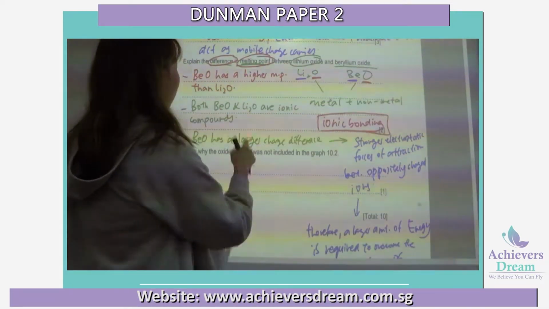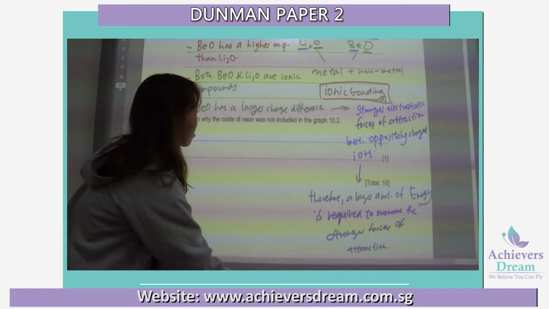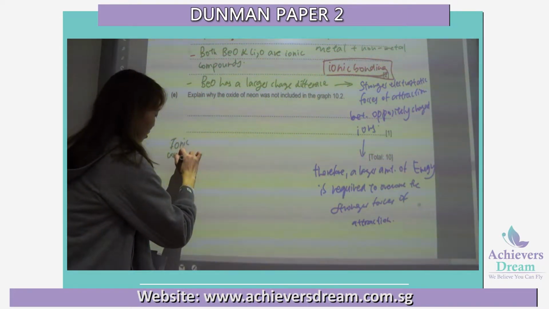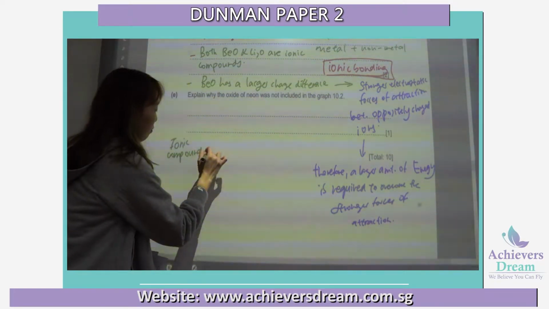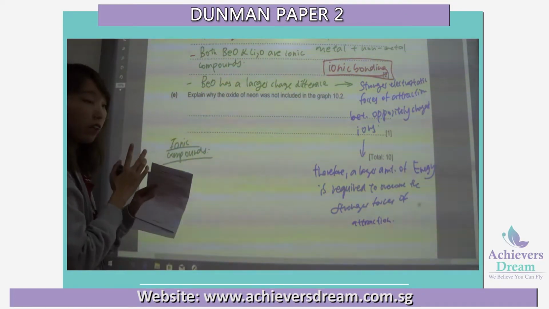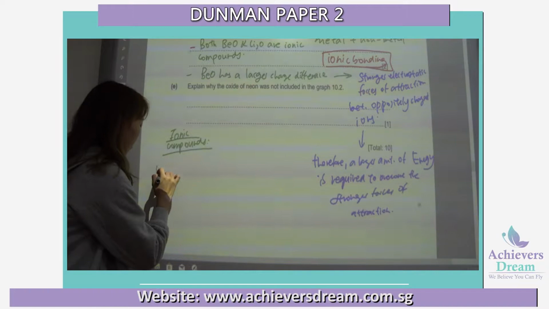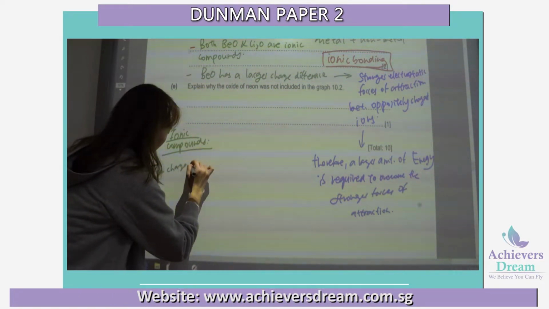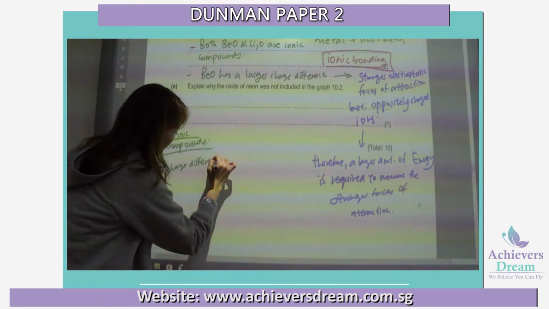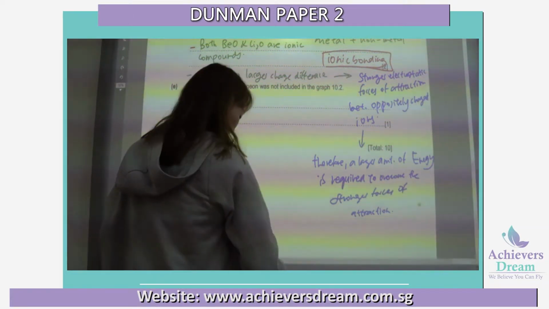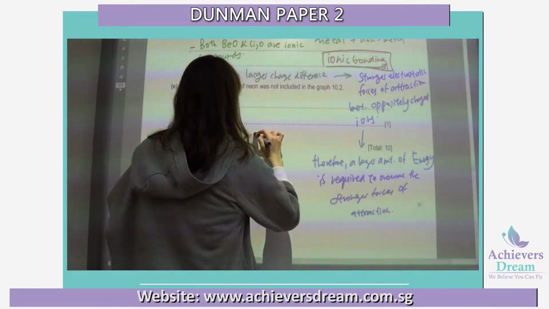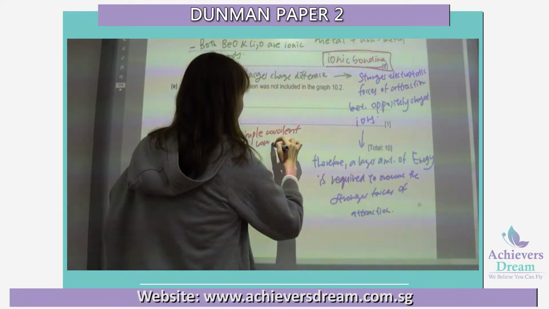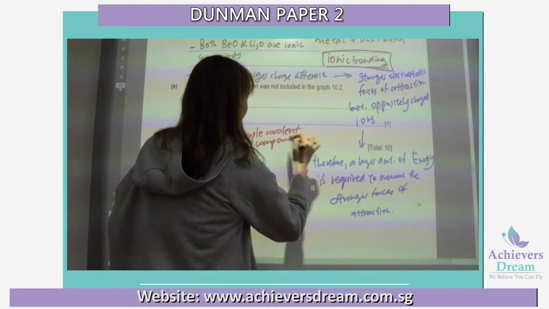Then now, remember, this one is just a supplement. For ionic compounds, if both compounds are ionic, how do I compare them? I compare by the charge difference. Then for simple covalent compounds, if both are simple covalent compounds and one has a higher melting point, how do I compare?